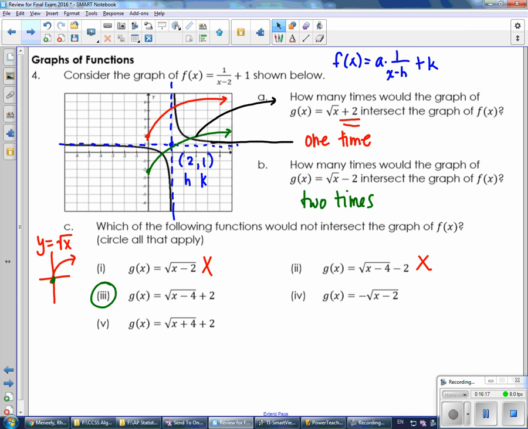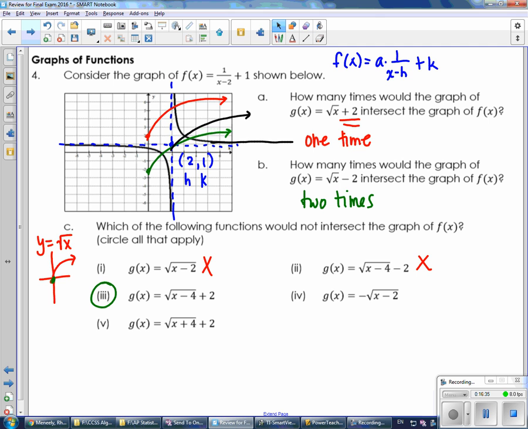If I think about the next one, let me move my parent function back. g of x is equal to negative square root of x minus 2. Since that minus 2 is under the radical, I'm going to move my graph to the right 2 units.